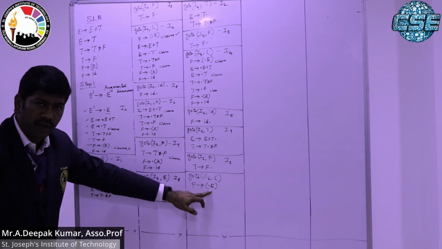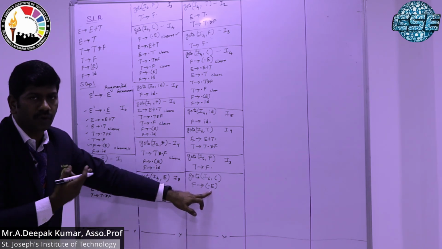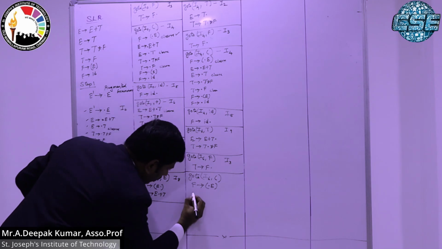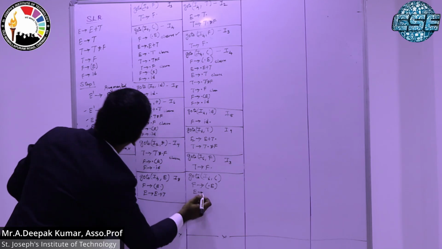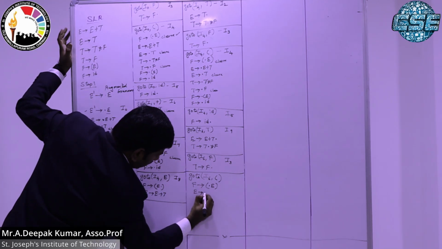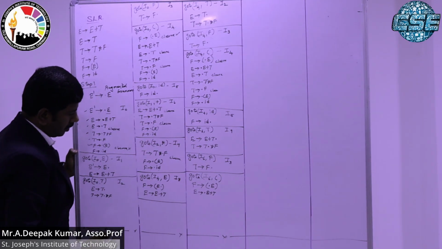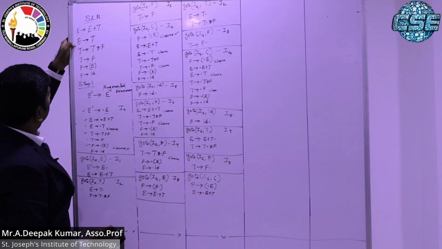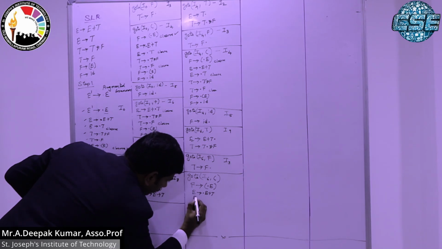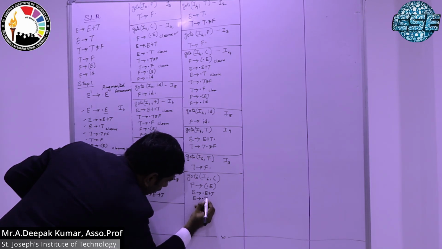After dot I have a non-terminal E, so closure is applicable here. So E derives dot E plus T. Then E derives dot T.